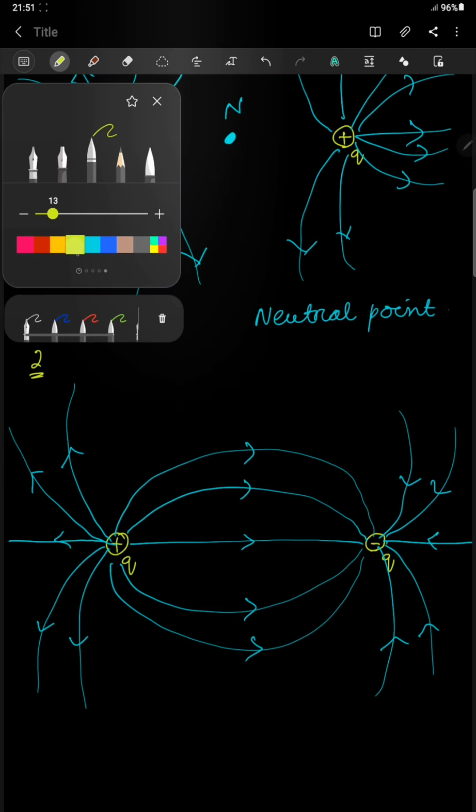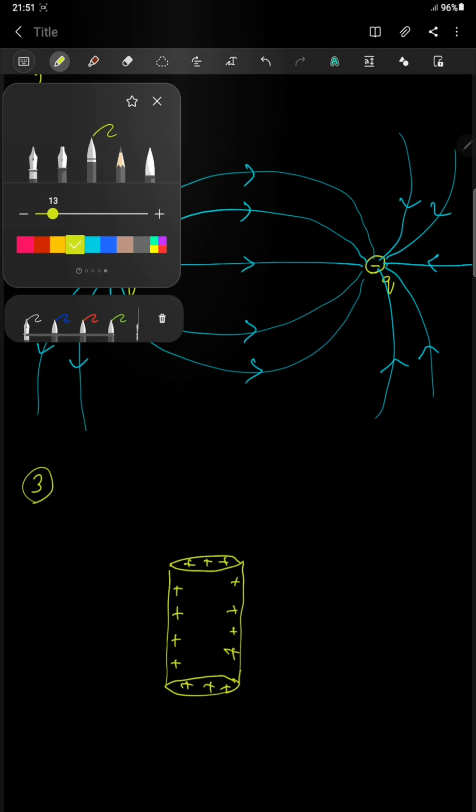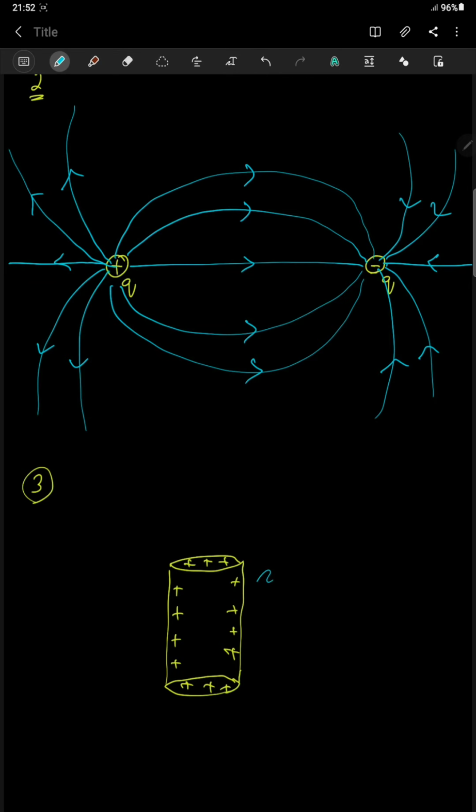Now suppose in the third one, you are given a cylinder, and a positive charge is given to that cylinder. The positive charges will remain on the surface. Then how can we draw the electric field lines? You'll get lines something like this.